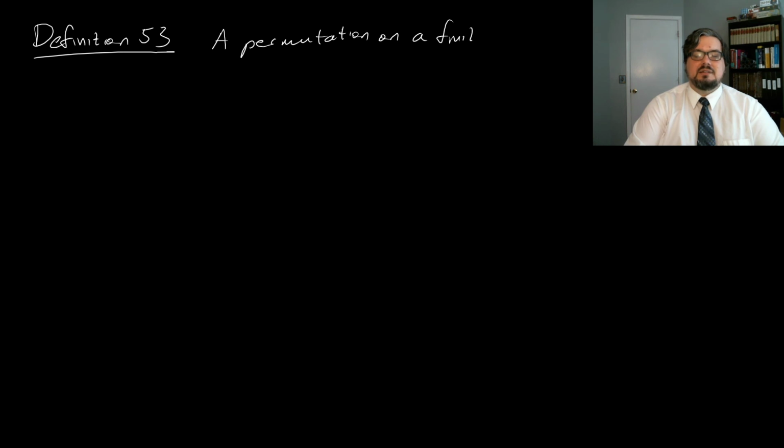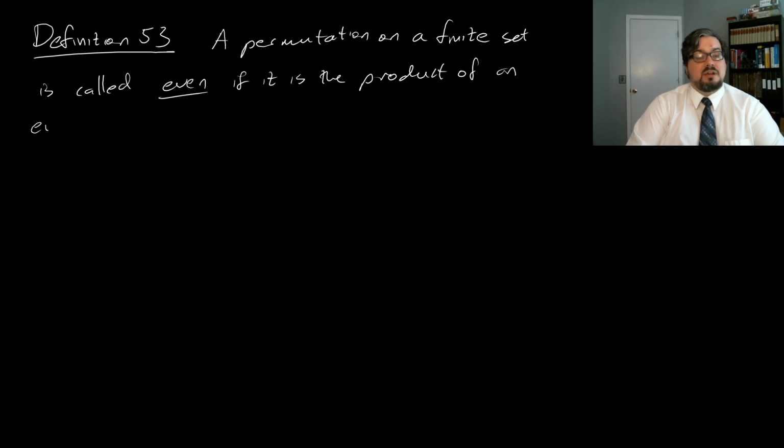So this leads us to definition 53, which says that a permutation on a finite set is called even if it is the product of an even number of transpositions, and odd otherwise.